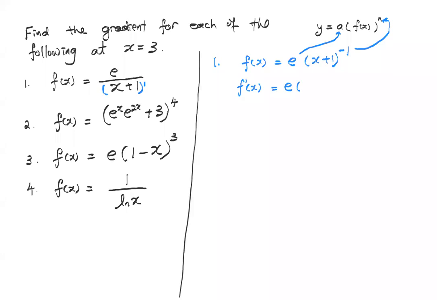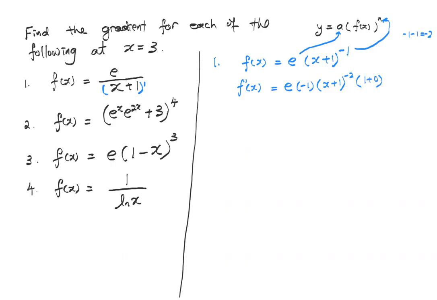Multiply by the power, copy down the whole thing, power take away 1. -1 take away 1 is -2. Then the rate of change of x is 1. The rate of change of 1 is 0.